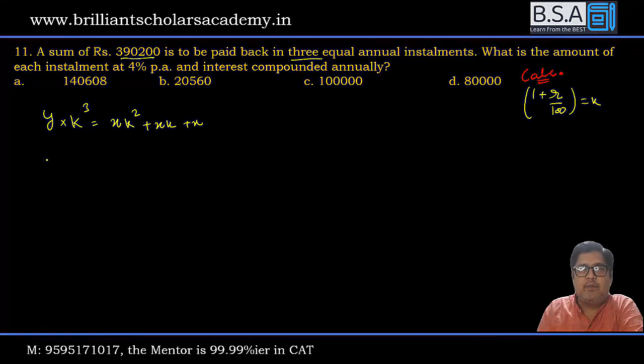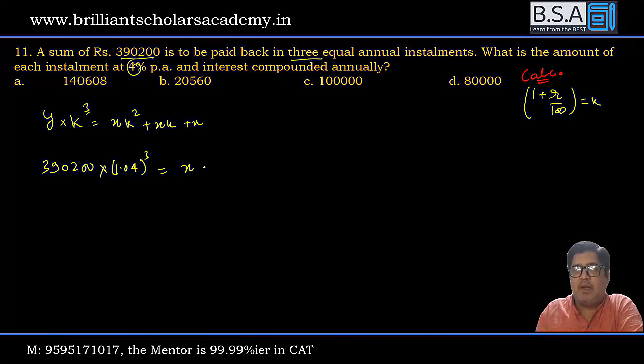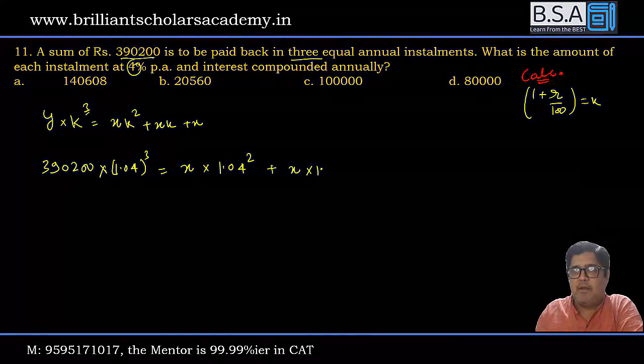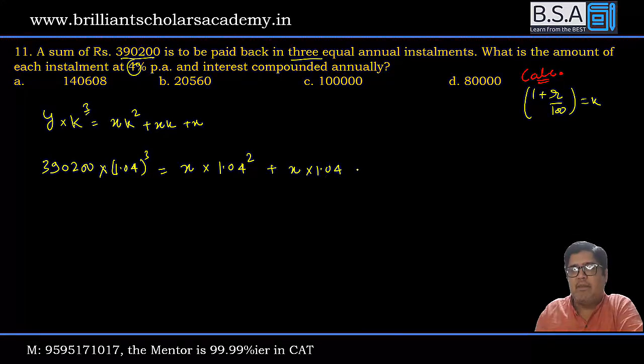This value 3,90,200 will be increased by 4 percentages for 3 years. So 1.04 cube is equal to the amount of installment multiplied by 1.04 square, 1.04 multiplied by X, and X.